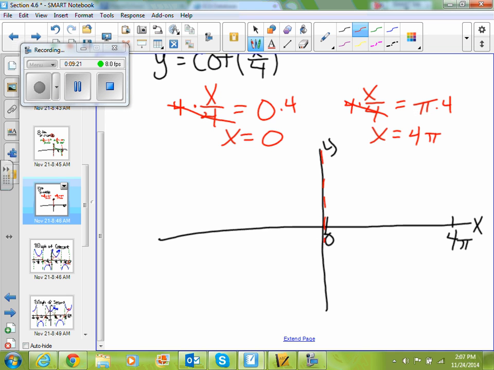So 0 and 4 pi form my asymptotes. I know that my graph crosses halfway in between and starts up and goes down.